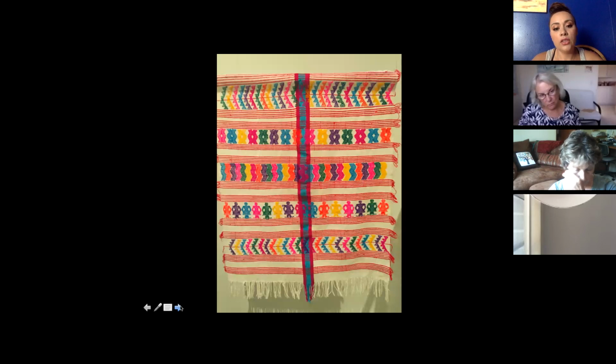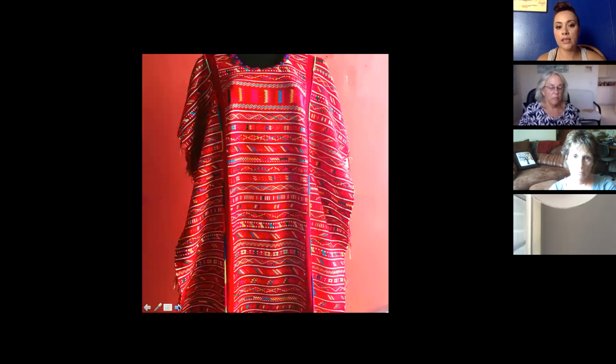So things changed as far as weaving, but you could see how women were empowered by making these textiles, and they were able to tell stories and share narratives and work together in their community to make these textiles.